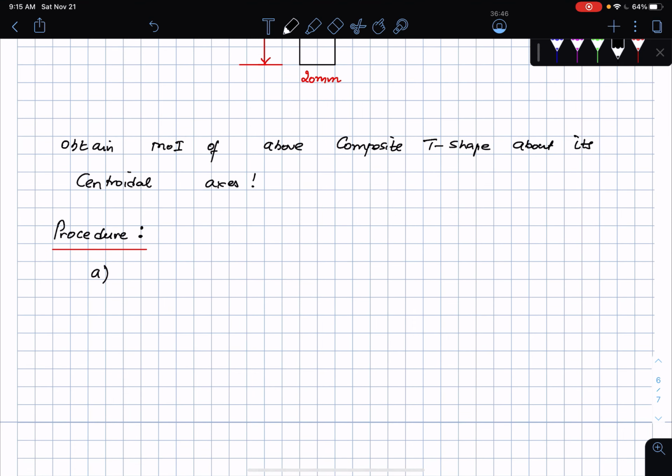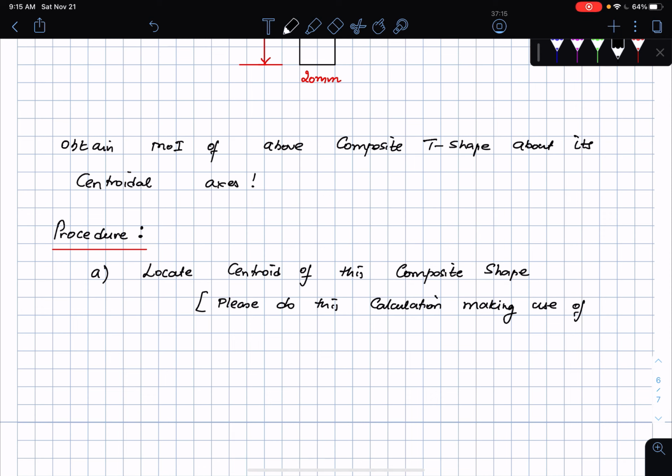The first step is to locate the centroid of this composite shape. I'm going to make you do this by yourself, so please do the calculations making use of my previous video on centroid of composite shapes.